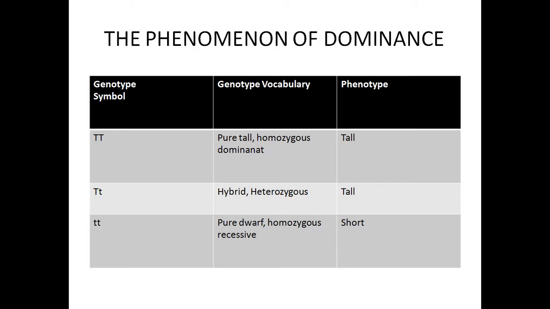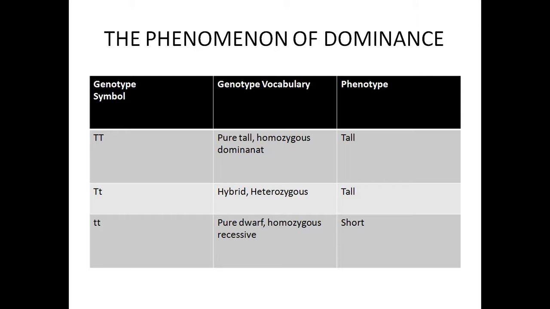Transmission of characters from parents to offsprings from one generation to another generation, we call it inheritance. In this we have the first one, that is the phenomenon of dominance. He has proposed this law, the phenomenon of dominance.